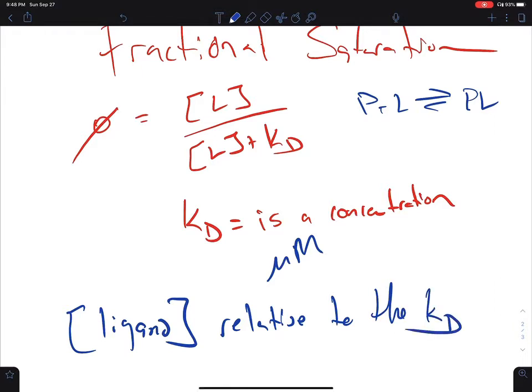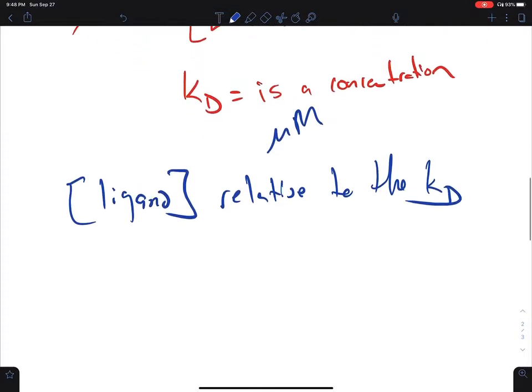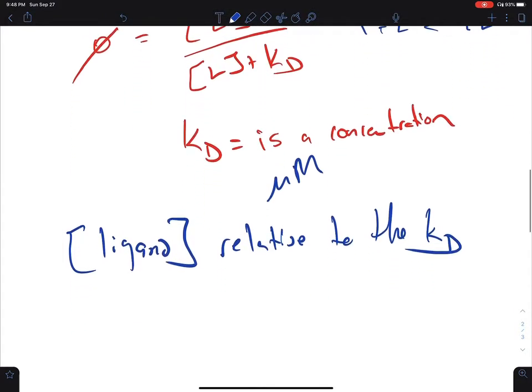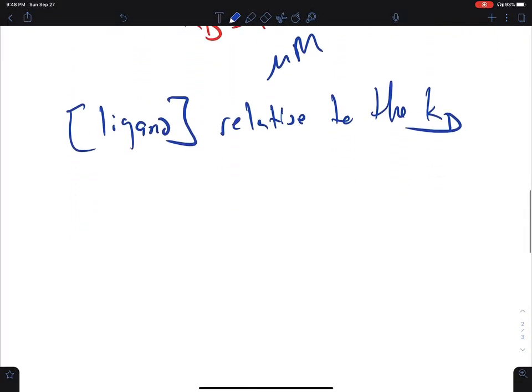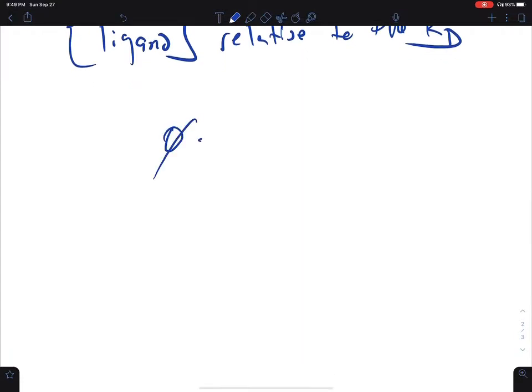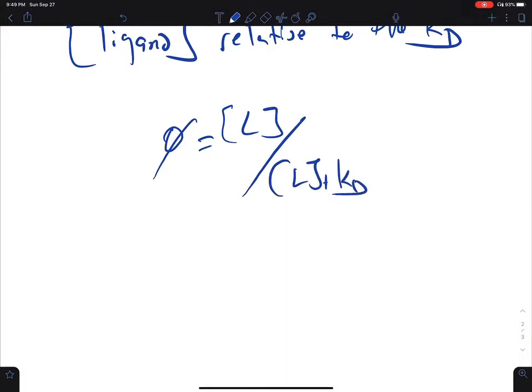And so let me show you how to use this equation, and then we'll do some plots and see kind of what the implications are. All right, so theta is equal to ligand concentration over the ligand concentration plus the Kd, right? And so what happens when the ligand concentration is equal to the Kd? Since they're both expressed in terms of concentration, we can do that analysis, right?